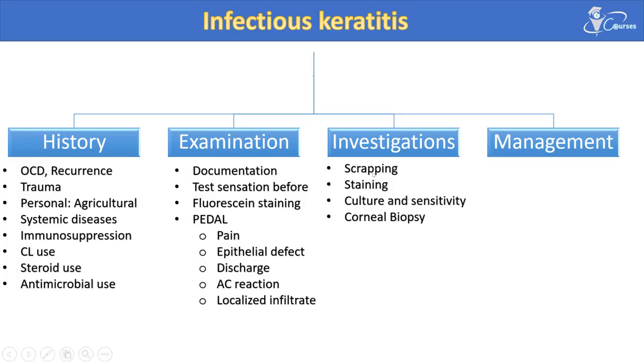We do scraping from the corneal surface, as I'm going to show you in just a few minutes. Then we do staining with different stains characteristic for bacteria and fungi. We also do culture and sensitivity to know the most appropriate antibiotic for these organisms. If all these do not yield the organism, then we can opt for corneal biopsy.